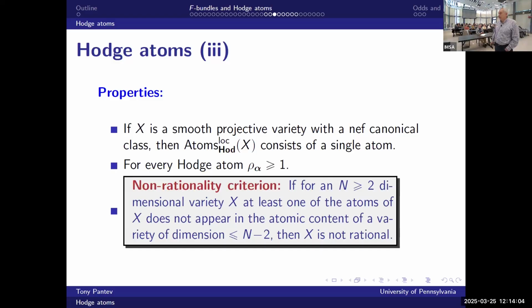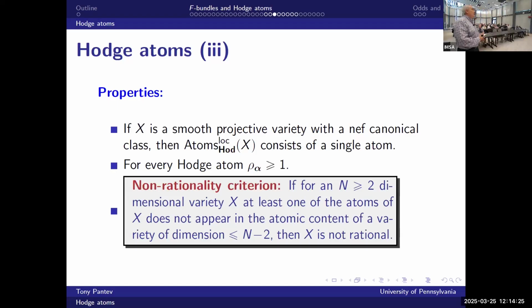And you get a non-rationality criterion which mimics the Clemens-Griffiths criterion, which says that if you have a variety of dimension at least 2, you look at its atoms, look at how the homology breaks into these representations of the Pantev group.